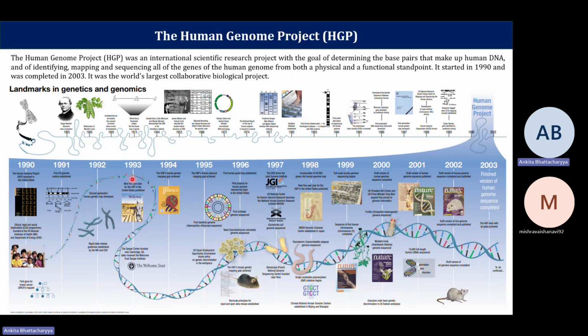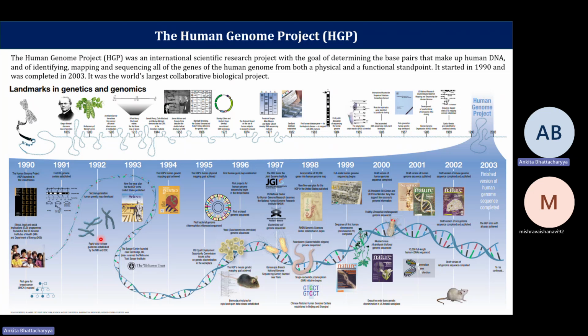Okay. So this table I have taken from the official site of the Human Genome Project itself. They basically want to show the timeline, how the idea was conceived, and what the major milestones were along the process. So here you can see in 1990, the Human Genome Project was initially launched.